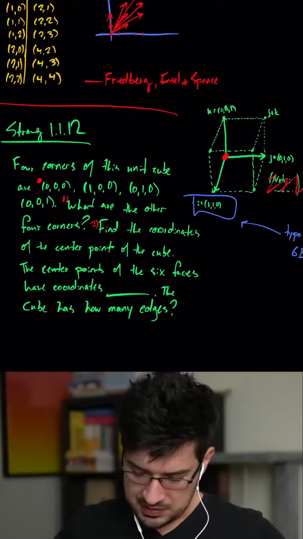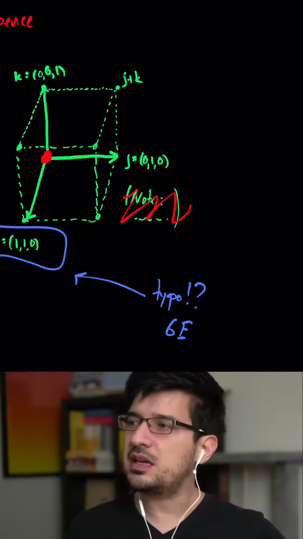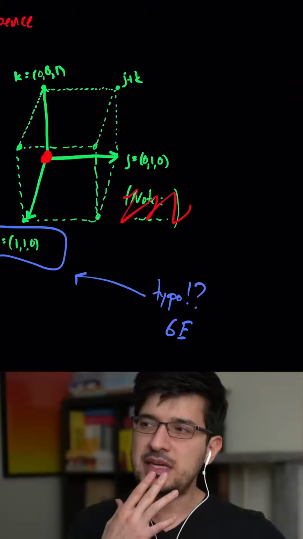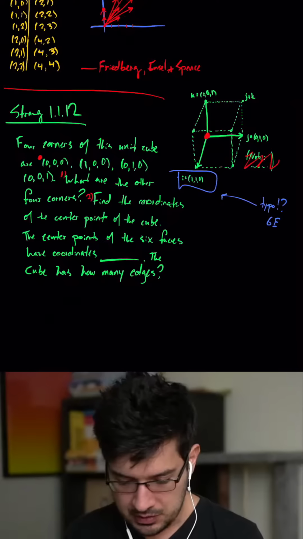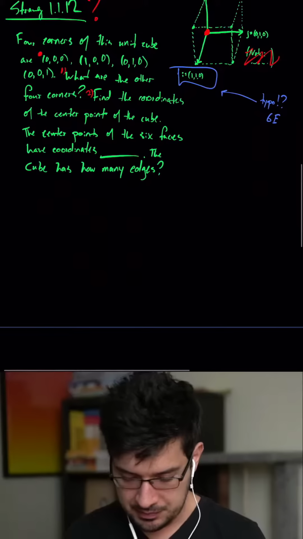Is that what the hint is about over here? This note that I don't understand? I don't get it. Let's put a big question mark on this one and move on.